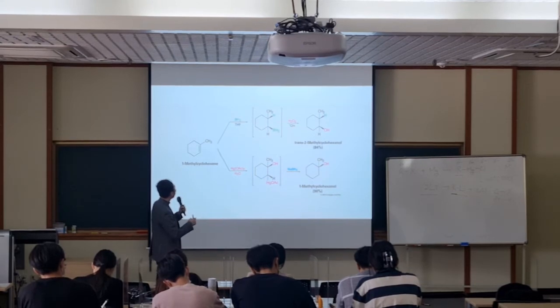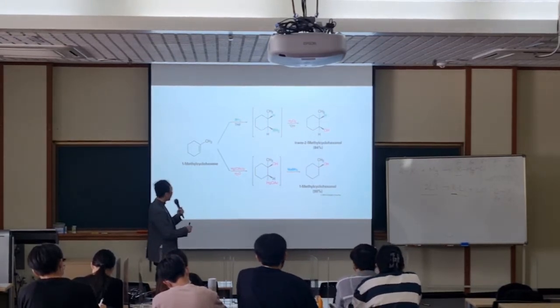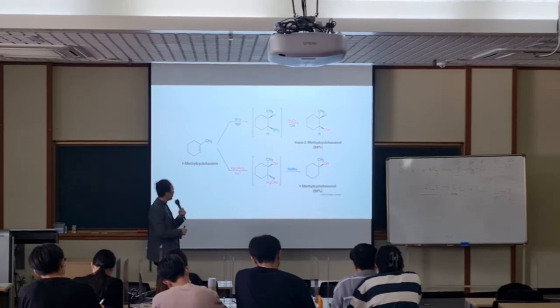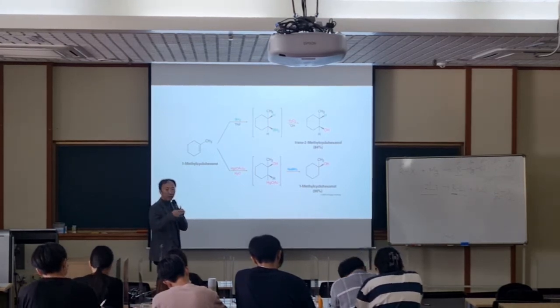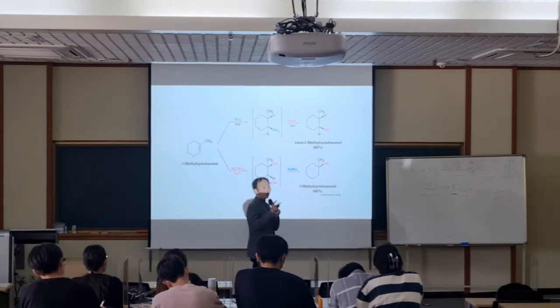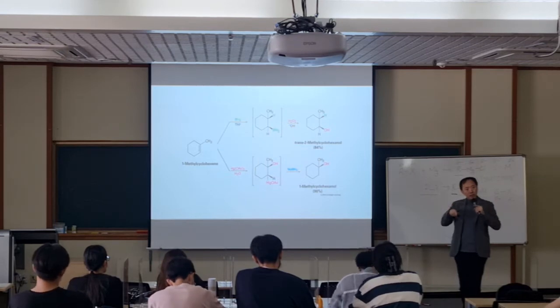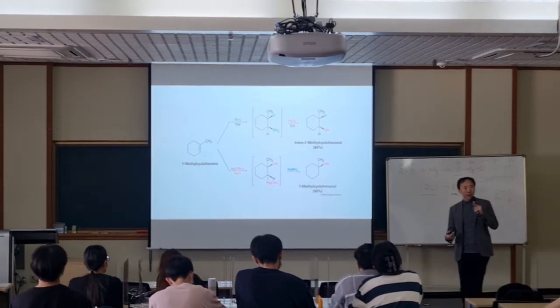Right? In this case, hydrogen and the boron were added on the same side. In this case, it was the opposite. It forms a different intermediate, a cyclic intermediate, and the hydroxyl attacked from behind. That's why those two products were formed, with different additions. One is a syn addition, the other is an anti addition.